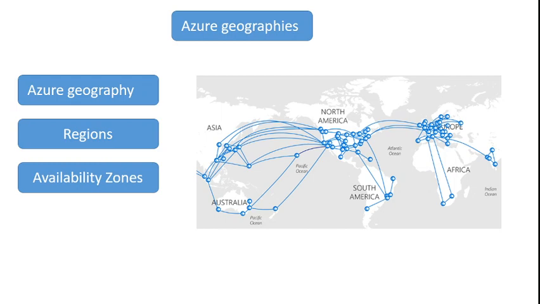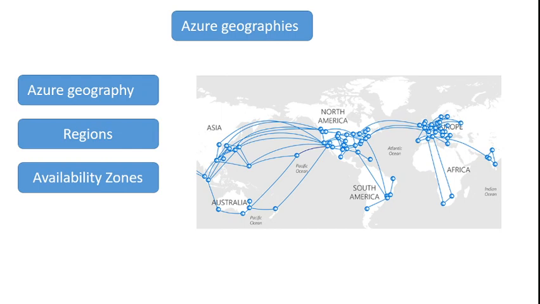So Azure geography. Azure geography is nothing but the data centers that are present for a particular country, and the region is nothing but, for a particular country there can be multiple regions where the data centers are available. And availability zone is nothing but, whenever there is a disaster or any kind of failure, then you are relying on the availability zone.